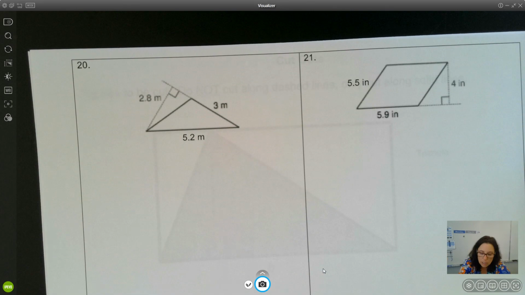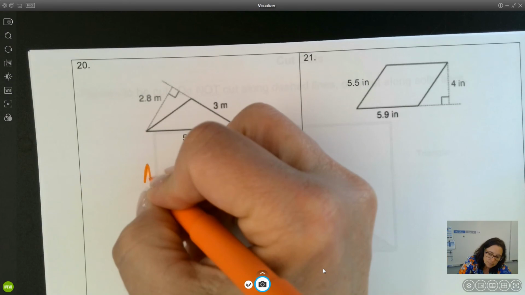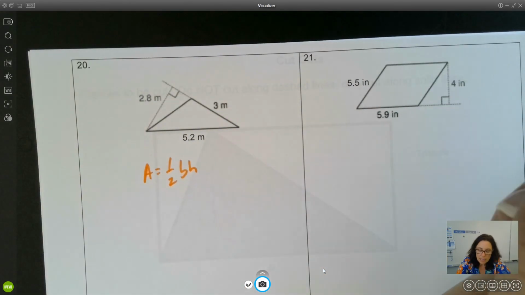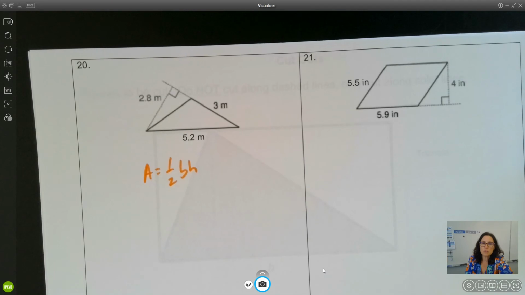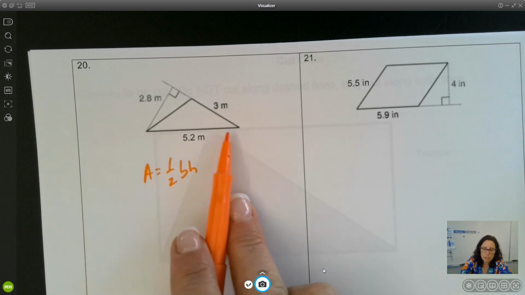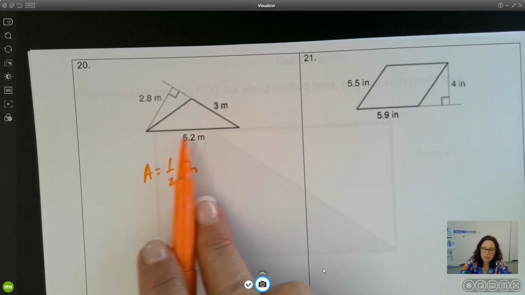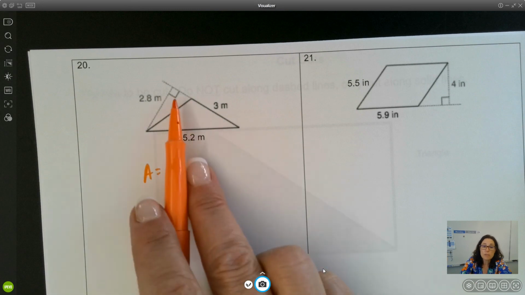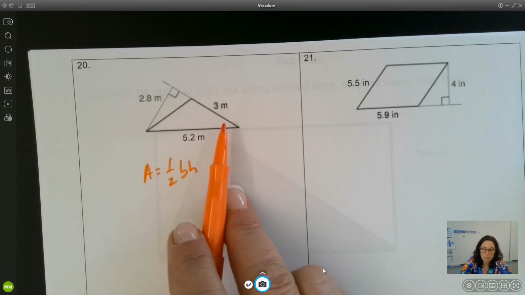So we've got a triangle, 1/2 base times height. Now it's very important to understand the base is the side that comes to a right angle with the height. This may look like the base, but is there a right angle that goes to it? No. So our base is really 3.